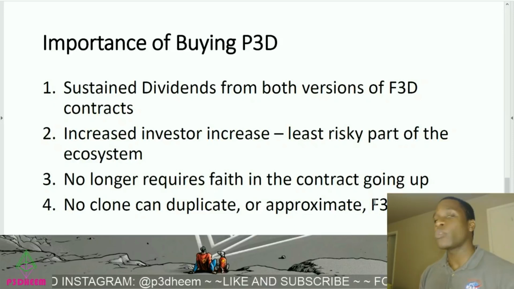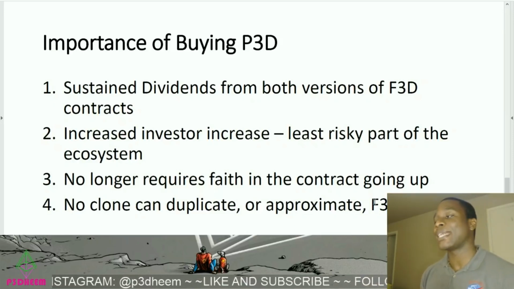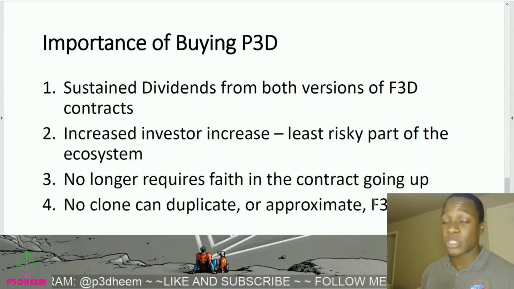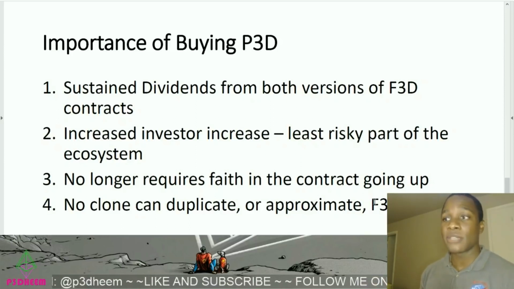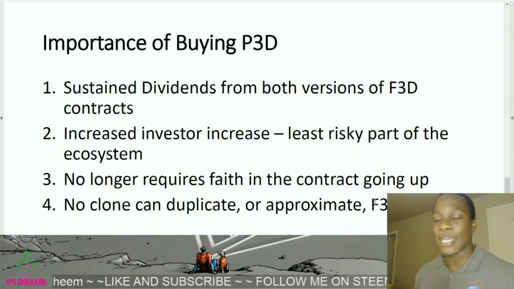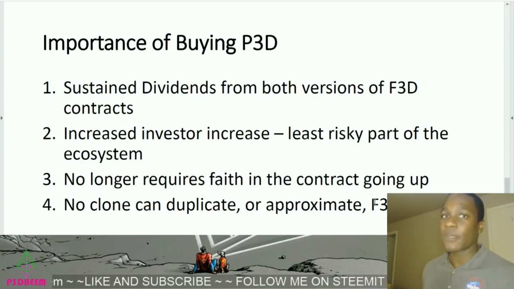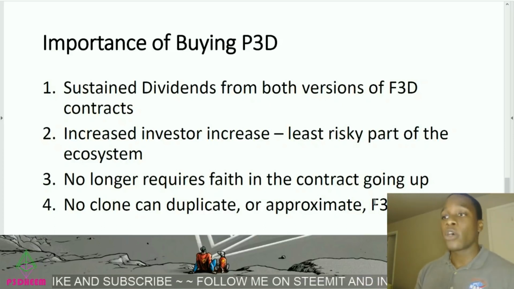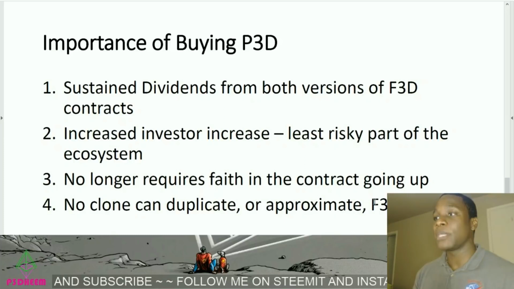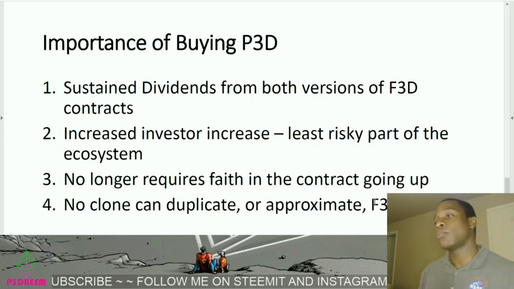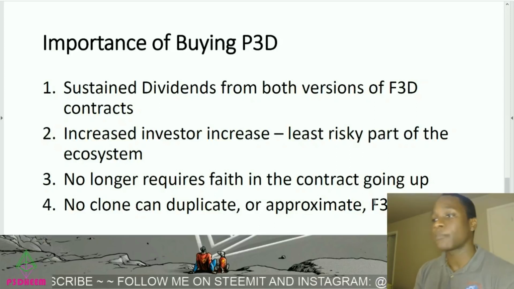Furthermore, with the fast contract, you will expect to see a lot of volatility coming in and out as people, I'm assuming, start selling some of their P3D in order to get into F3D to kind of flip it. And it's just going to be a repeating cycle. So with any type of volatility, you're making money. So I do believe the long and the short contract in combination with P3D will have sustained dividends over the long term and will provide long-term viability.